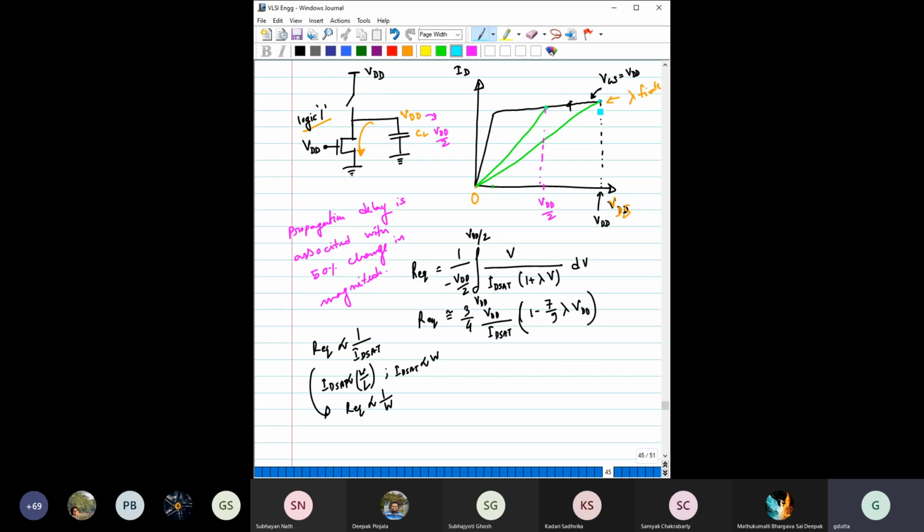Then you can average them, or you can calculate one more point here, one more point here. If you want the total, that is why we are doing this integration. Basically we are taking V by I, summing up all the resistances from here to here, and then averaging out.